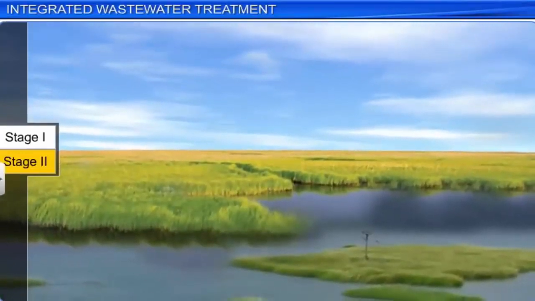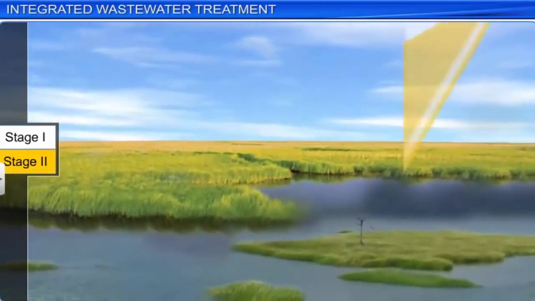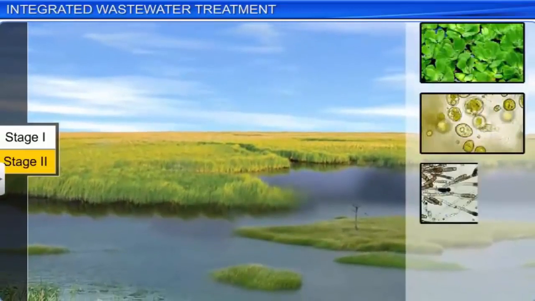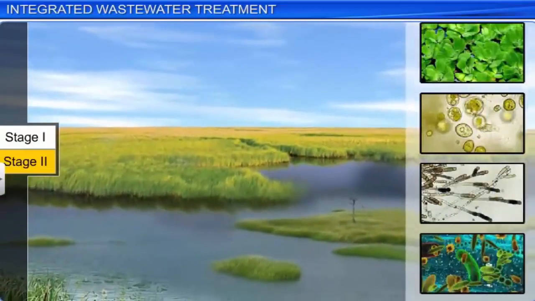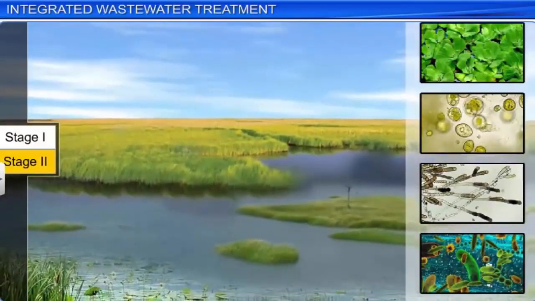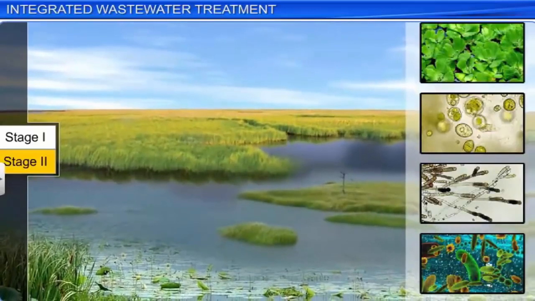As wastewater passed through the series of marshes, it was naturally purified by plants, algae, fungi, and bacteria, which helped to neutralize, absorb, and assimilate the toxic pollutants such as heavy metals.